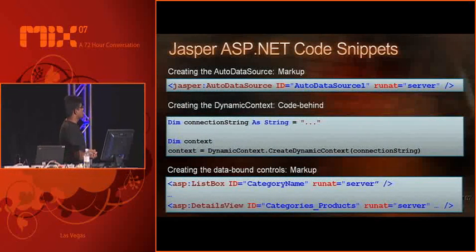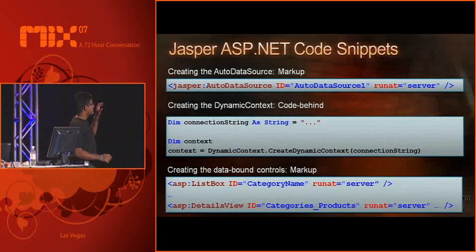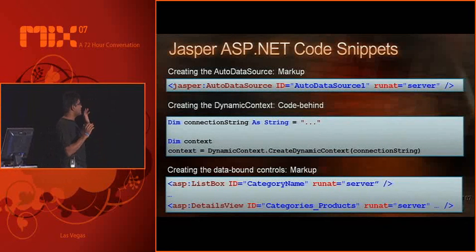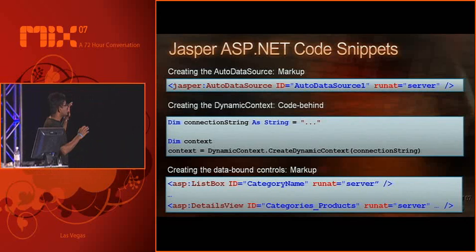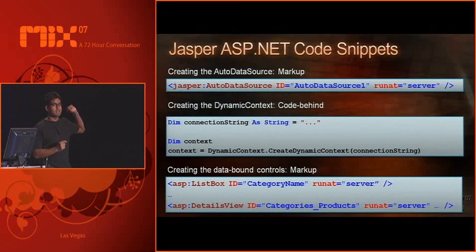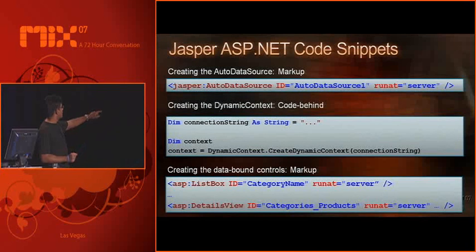So this slide here shows the basic code involved. And this is a busy slide, so I tried to find ways to reduce this. But in the end, I decided to leave it because even though it's busy, this is all the code you need to build a hierarchical data binding ASP.NET application. So declare the auto data source. In the code behind, connect up the auto data source to a connection string, or to a dynamic context built from a connection string.